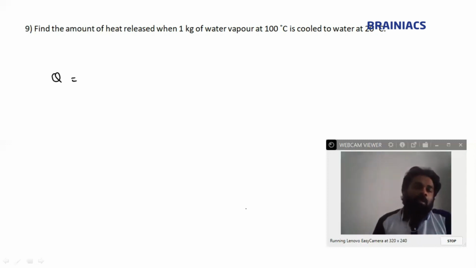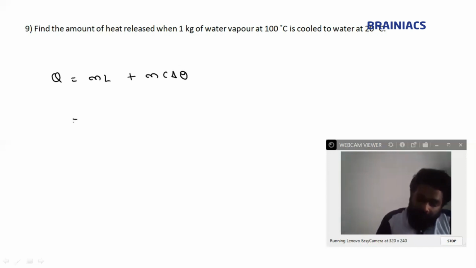So first thing is ML. Next, water at 100 degrees Celsius will become water at 20 degrees Celsius, MC delta theta. So 1 kilogram, so 10 raised to 3, into latent heat of vaporization, or latent heat of condensation, which is 540.